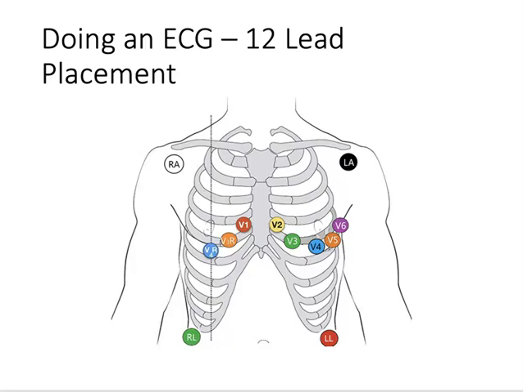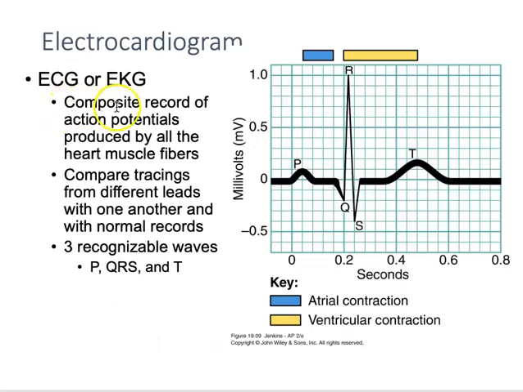Sometimes it may just be a matter of ease, or maybe the patient has other underlying health issues that would prevent you from doing one setup versus another. That being said, let's take a look at what an EKG actually looks like. Again, this is a composite recording of all the action potentials by all the heart muscle fibers, so it's not going to look like the depolarization, repolarization, plateau that we just saw. The machine compares the tracings from the different leads with one another, and that's how we get this readout.